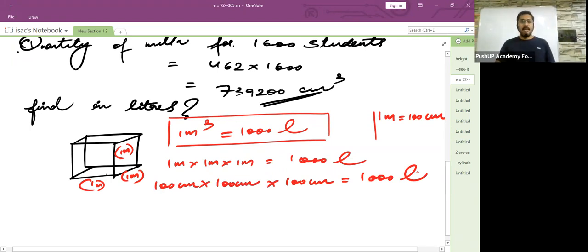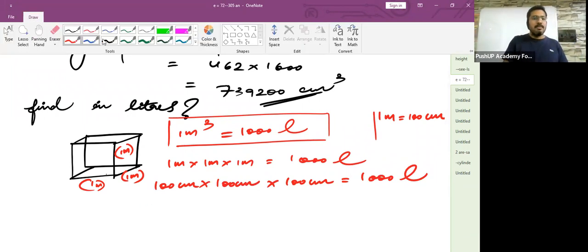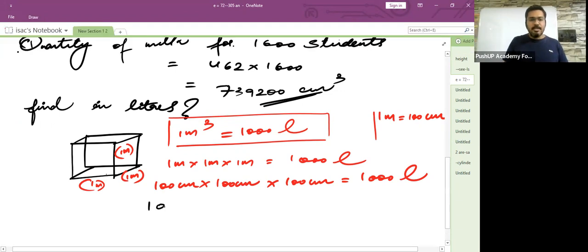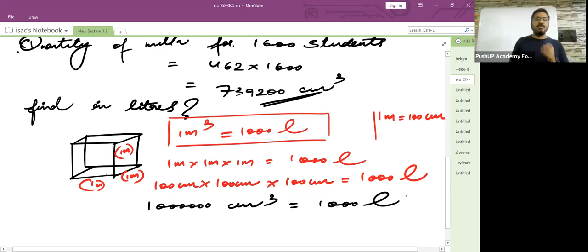You all agree with this? I'm just converting each of the 1 meters into what? 100 centimeters. So 100 into 100 into 100 is how much? 1 followed by how many zeros? 6 zeros. So 1 followed by 6 zeros, centimeter cube is equal to 1,000 liters. Please note it down, children, very helpful.